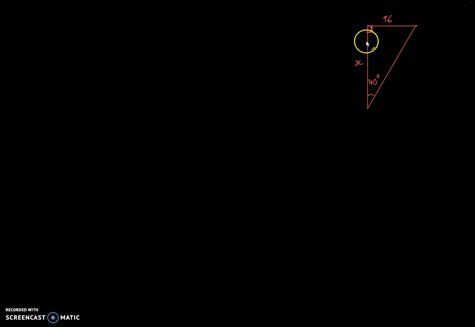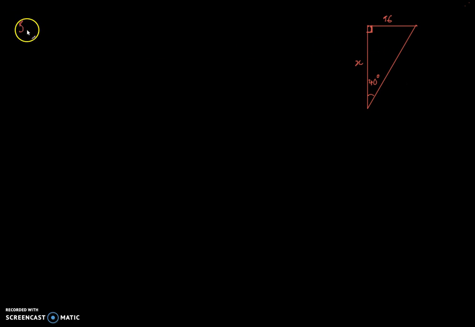If you take sine, it would be opposite divided by the hypotenuse, which is not what we want. If you go for cos, it would be adjacent by hypotenuse. So this is x divided by this hypotenuse, but we don't have the hypotenuse, so that's not what we can use. But if you go for tan, let me see.